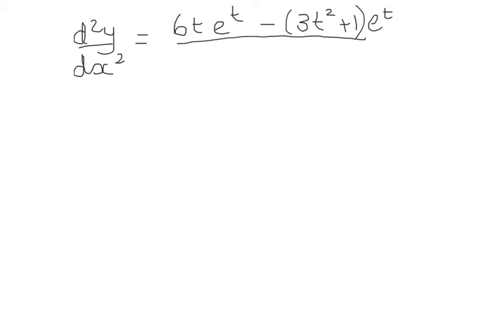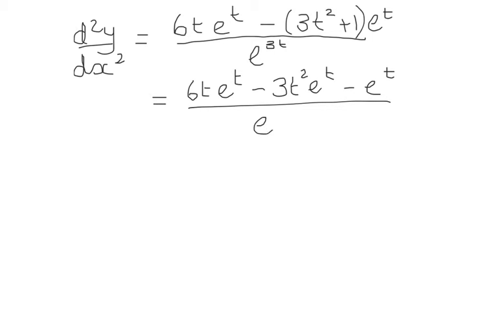Now in the denominator we had e to the 2t multiplied by e to the t, which is e to the 3t. Multiplying the terms in the numerator, we have 6t e to the t minus 3t squared e to the t minus e to the t over e to the 3t.